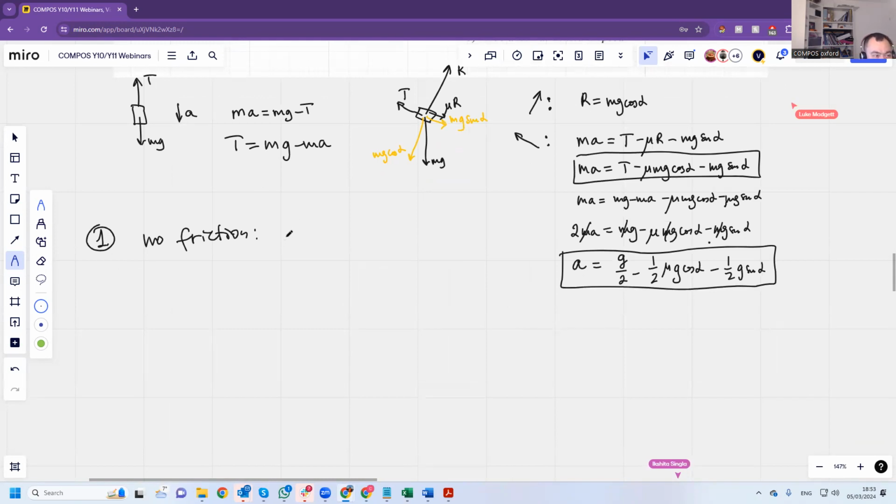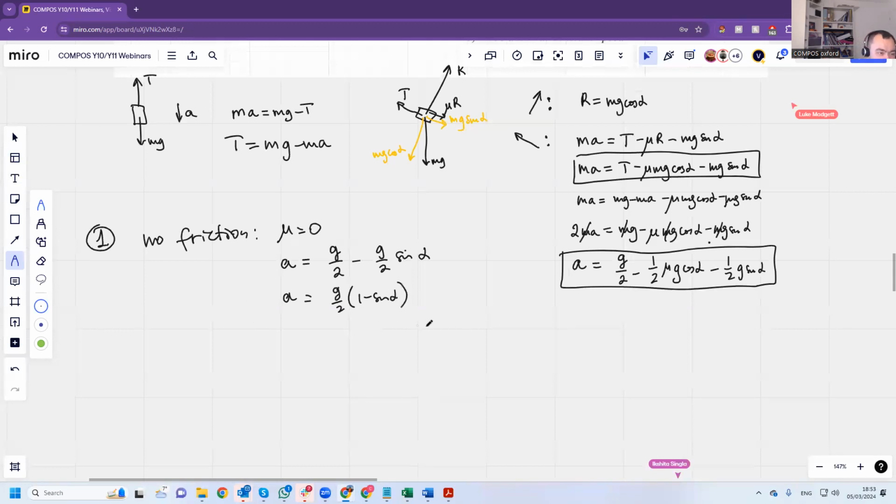Assuming no friction, so mu is 0, and that means acceleration is going to be g on 2 minus g on 2 sine alpha. So acceleration is g on 2 times 1 minus sine alpha.